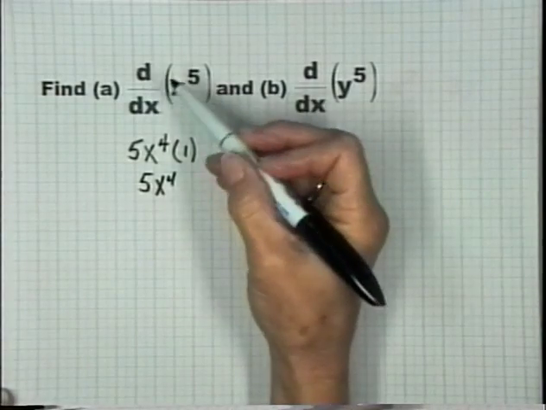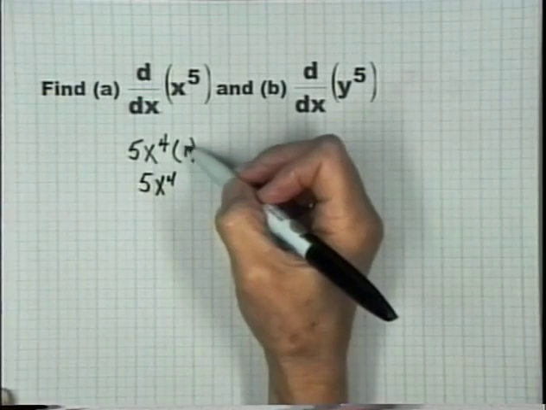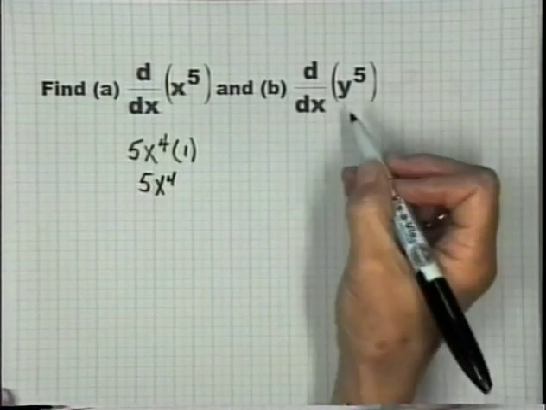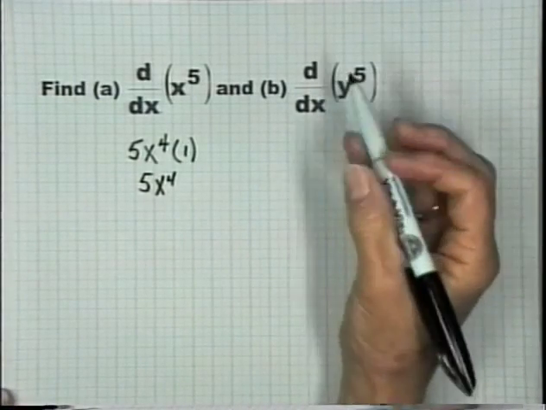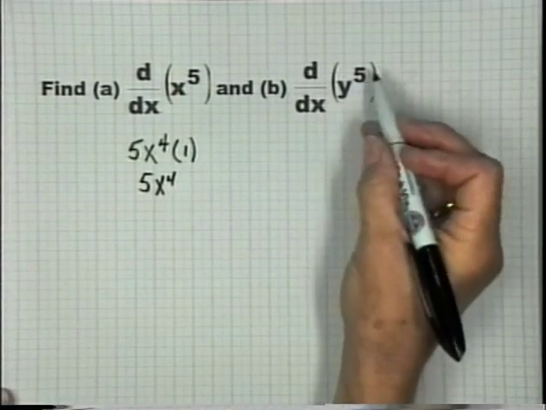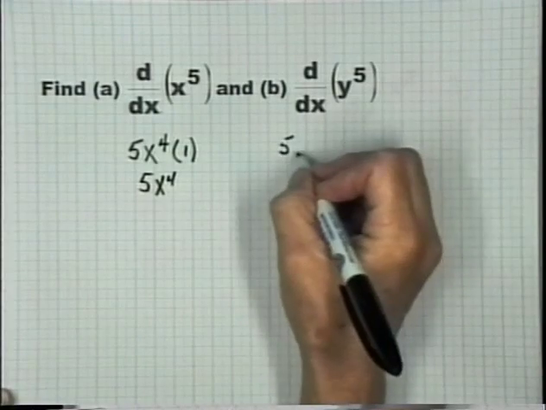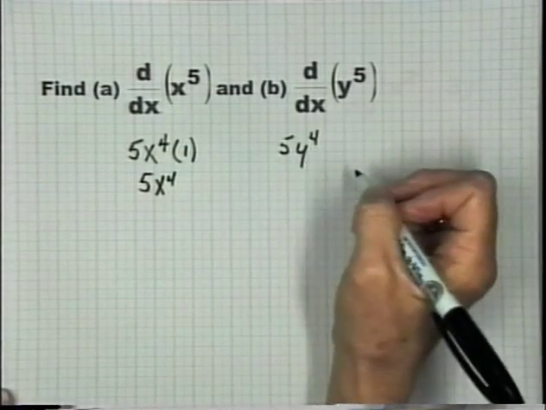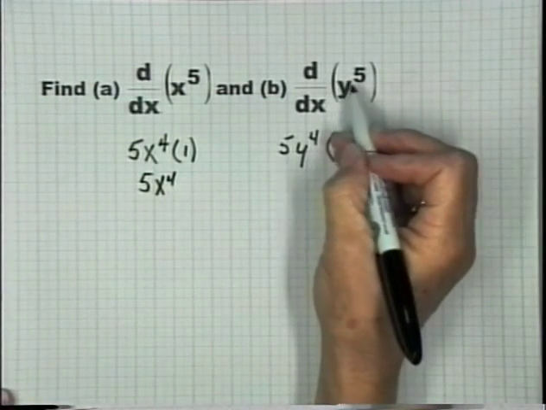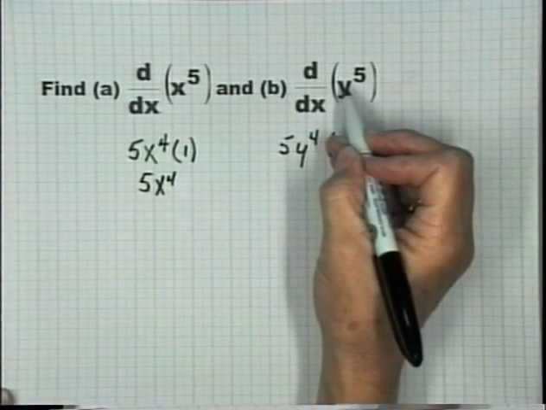Because we started out always sort of taking the derivative with respect to x and working with these, we really didn't ever have to think about chain rule unless this became complicated. But I want you to compare this to this one. I want the derivative with respect to x of y to the fifth. Now, this is a power format just like this one is. So your power rule says bring the exponent down, whatever is to the power you write down, and you reduce it by 1. And then you multiply by the derivative of this thing that is to a power. Now this time, what's to a power is y.